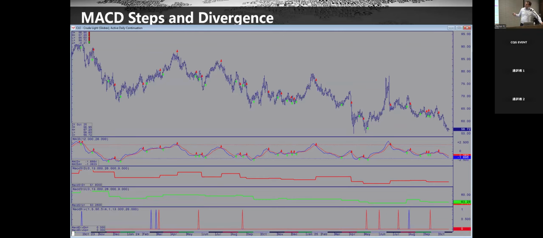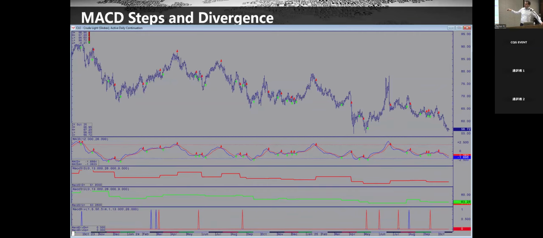And here what's important is not necessarily just the crossing or uncrossing of the indicator itself, but the relationship between the crossing and uncrossing and what the price is doing when the crossing occurs. So the first thing that we see at the bottom in red is this kind of stepping up and down line.